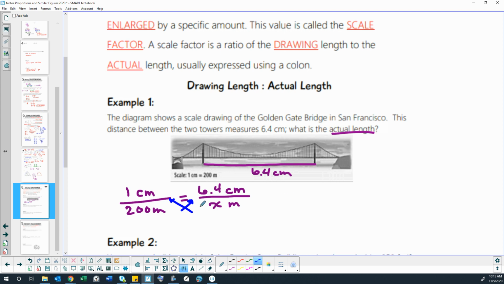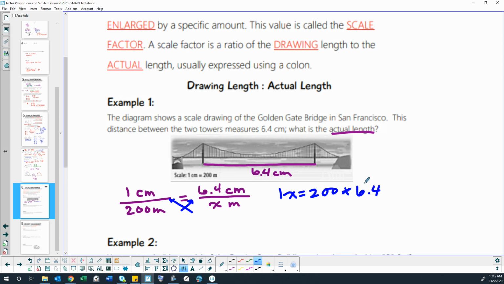Okay, so we're just going to cross multiply now that we have our ratio set up. So we have 1 times x. I'm going to completely ignore the units at this point because I made sure that the units matched up when I wrote the ratios. So now I'm just going to ignore them, other than when I get my final answer, my unit's going to be in meters. So I have 1 times x equals 200 times 6.4.